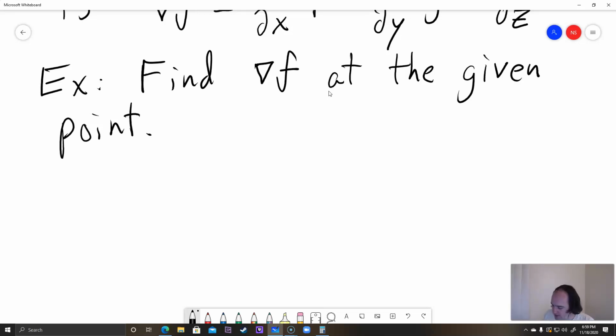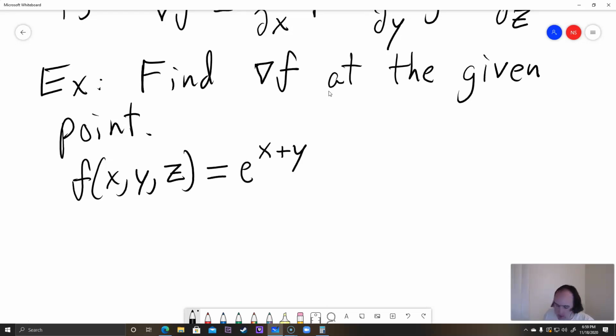They're telling us that our function f of x comma y comma z is equal to e to the x plus y times cosine of z plus the quantity y plus 6 times sine inverse of x.